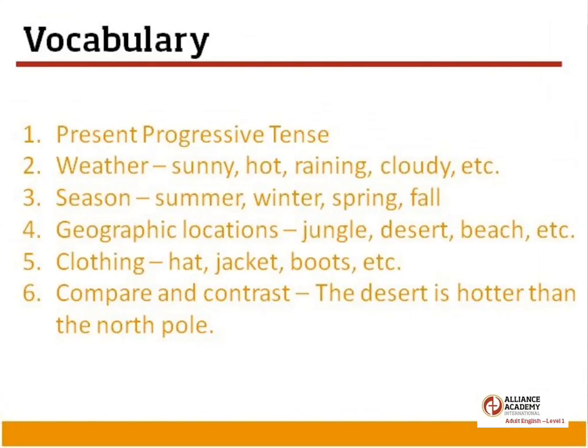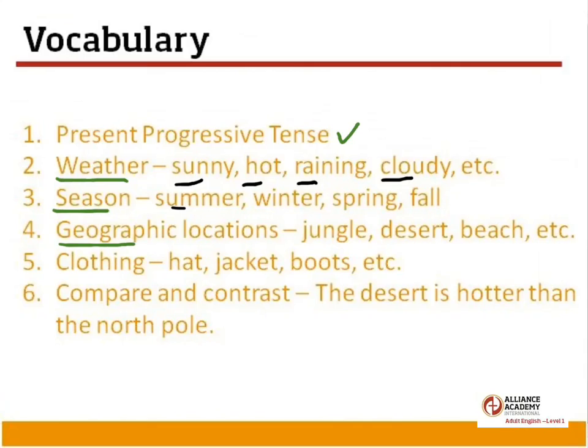Vocabulary that will be important for Module 6 is present progressive tense. You will need to know how to use that. You will definitely need to know weather words like sunny, hot, raining, cloudy. You will also need to know season words like summer, winter, spring, and fall.